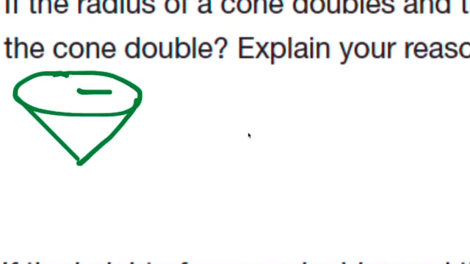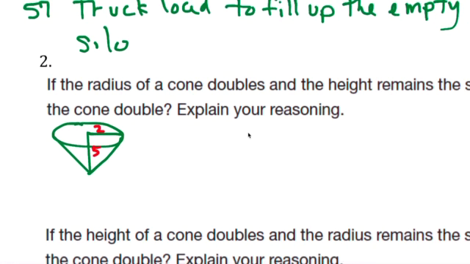Don't use 1 because 1 is tricky. Sometimes kids don't understand using 1. This one may work. Let's say make the height 5. Let's say that. Okay, and this problem says the radius doubles. So if I double the 2, now my next cone has a radius of 4.